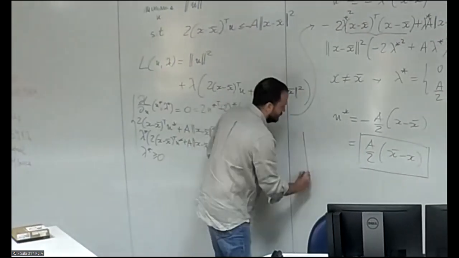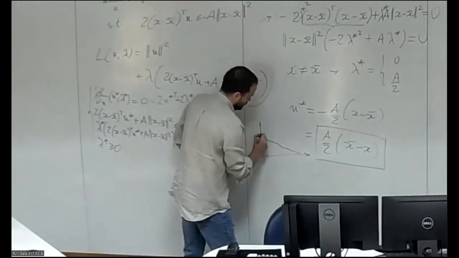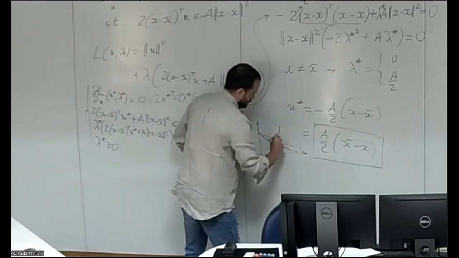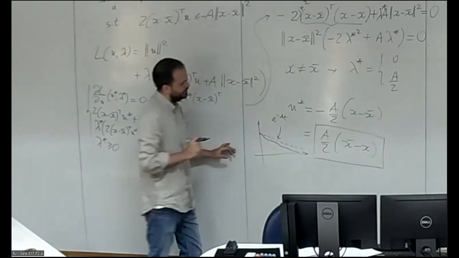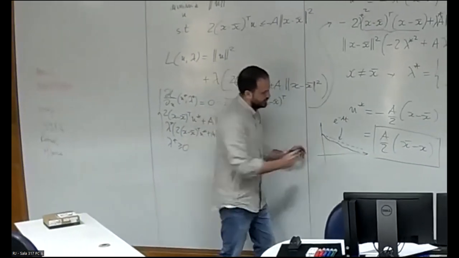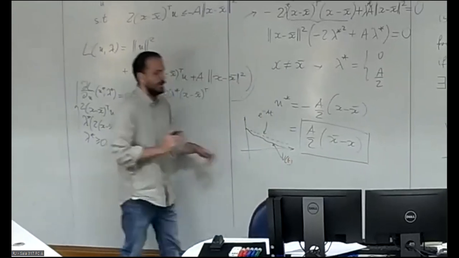Remember the picture in green: this is e to the minus a t, and this is the b of t, which is somehow below that.